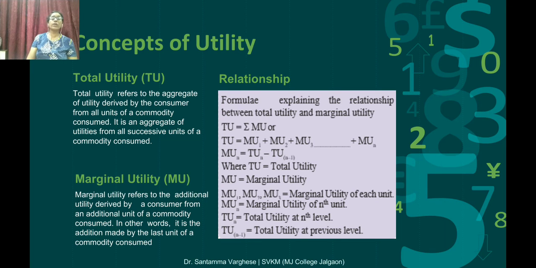Now, marginal utility. Marginal means additional. Marginal utility refers to the additional utility derived by a consumer from an additional unit of a commodity consumed. In other words, it is the addition made by the last unit of the commodity consumed. Now, we studied total utility, which means the sum total of the utility we consume. The marginal utility means, if we consumed one glass of water, we got 5 utilities.